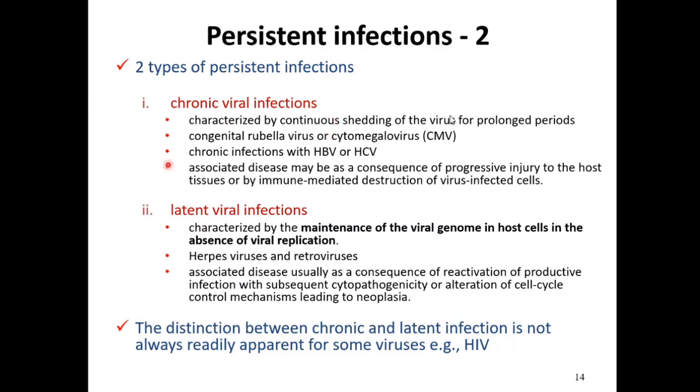While in chronic, there is some low replication happening, and it is characterized by shedding of the virus for a prolonged time. And like rubella, cytomegaloviruses, or hepatitis B viruses will continuously be excreted.